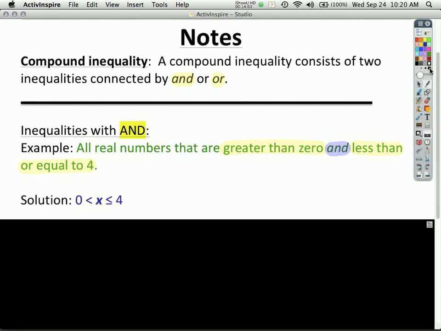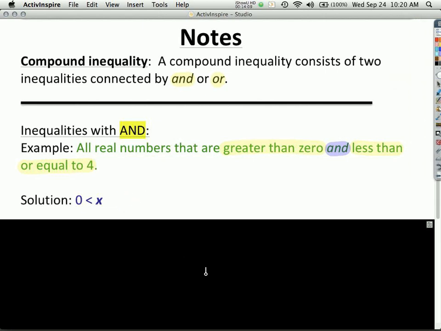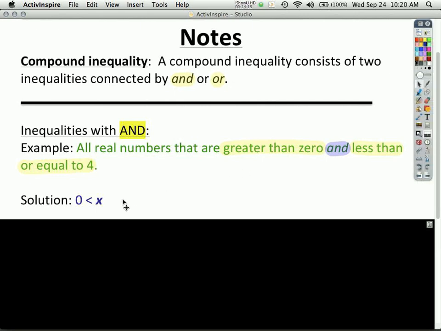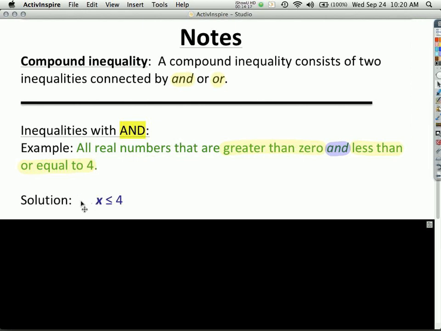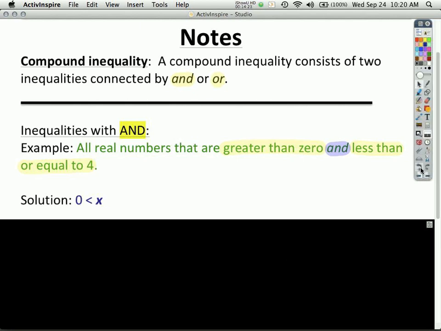So let me show you what I mean by this. Well, there's one inequality. And there's the other inequality. Now put them together. There's one inequality. There's the other. Put them together. You have a compound inequality.